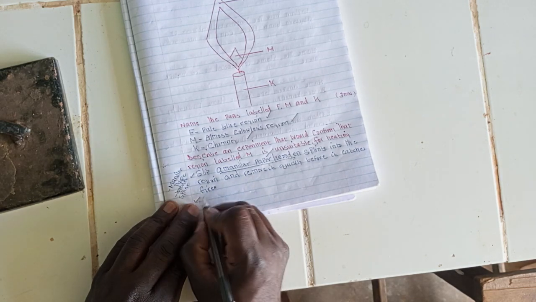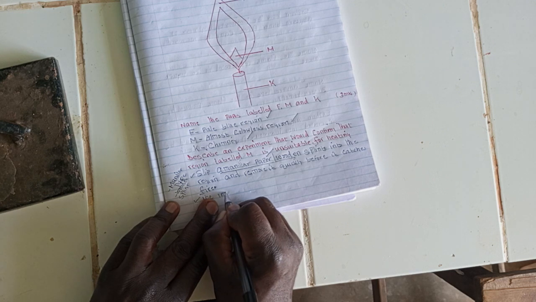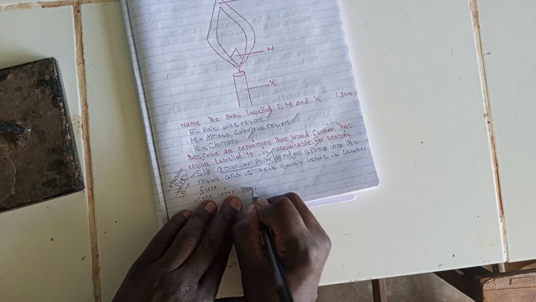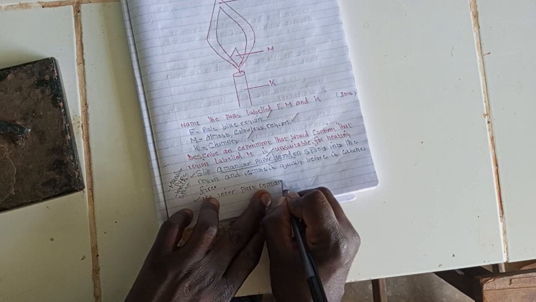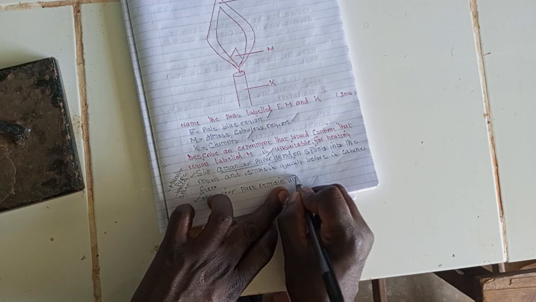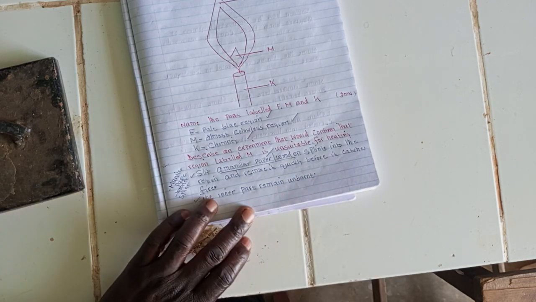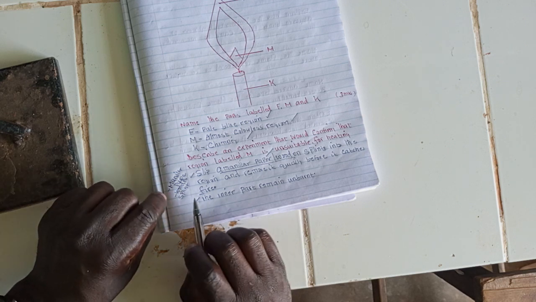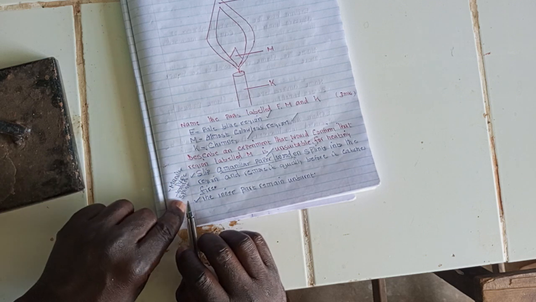The inner part remains unburnt. So in this case, you have the materials, that is a manila paper or a wooden splint.